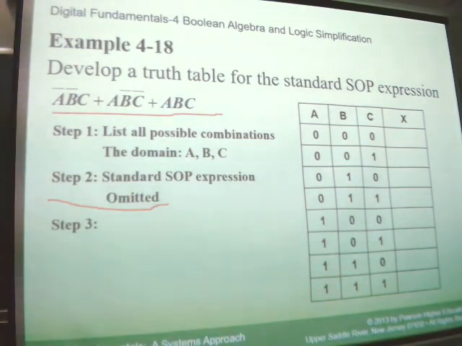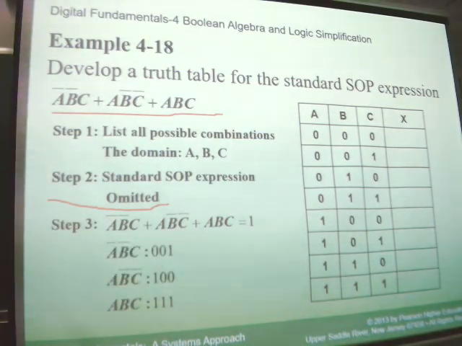And step 3, we know that the three terms equal 1. So it is 0, 0, 1, 1, 0, 0, 1, 1, 1, and the others are 0.